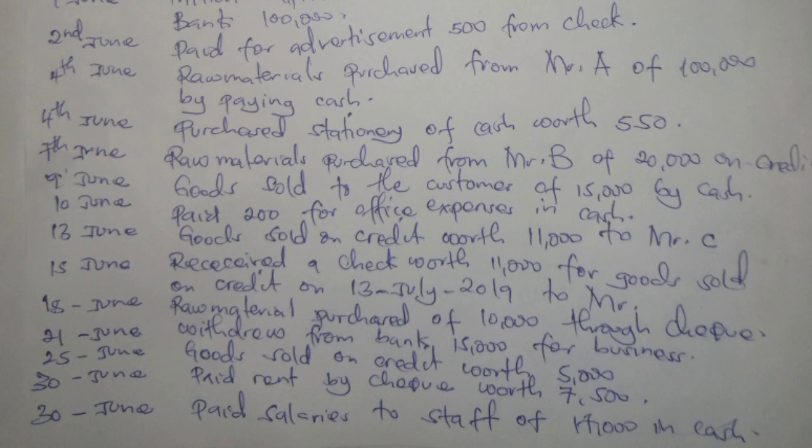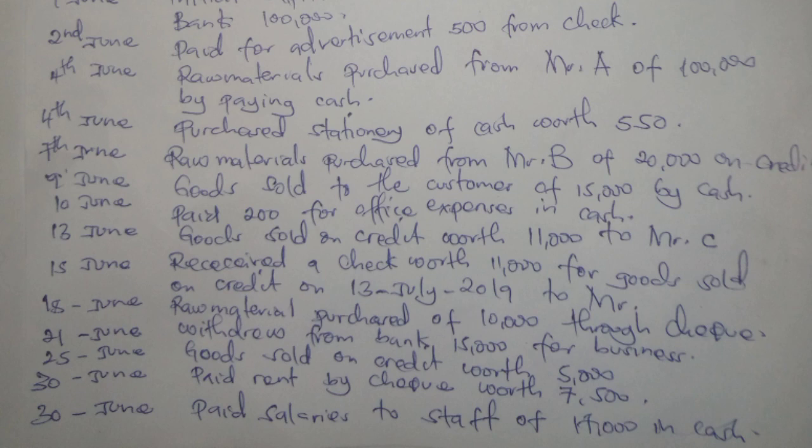So anything done on credit isn't taking out any money. Other things can be like bad debts. Bad debt is when someone has refused to pay you. It's not bringing in money, it's not taking out money, so you do not record it in the cash book. Okay, so we ignore that.